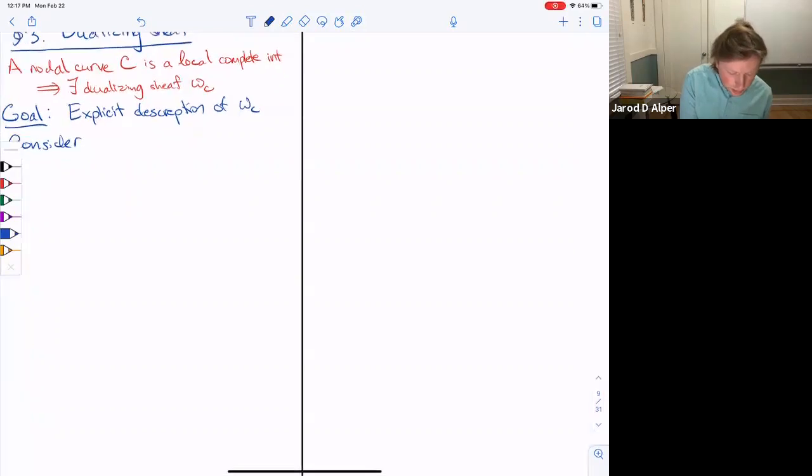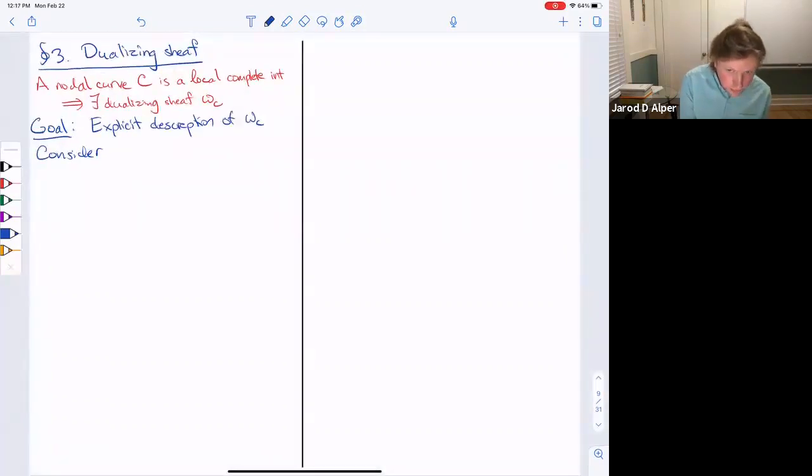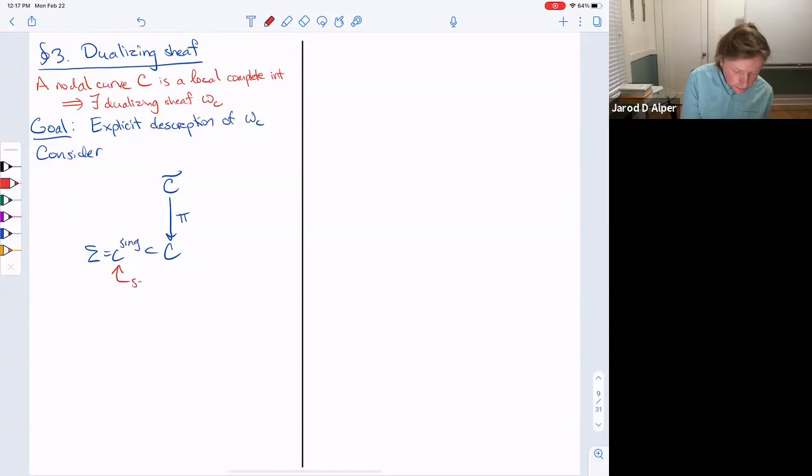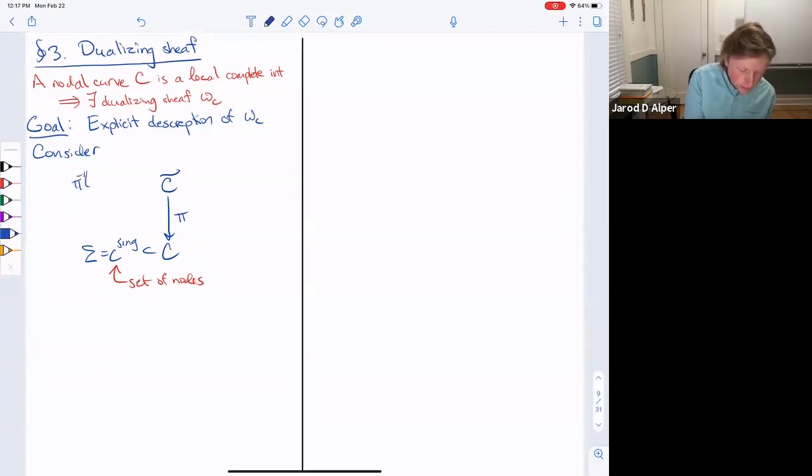So we consider the normalization of C, C tilde over C. Let's call that pi. And let's call sigma the singular locus of C. So this is just the set of nodes. Let sigma tilde be the preimage.